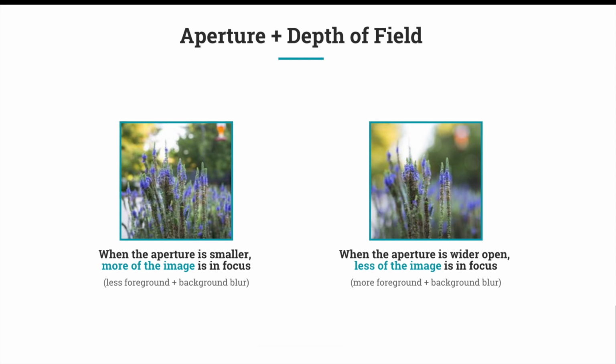We're talking about the smaller size of the opening, which would be a larger number. So the smaller your aperture, or the smaller the opening in your lens, the more of your image is in focus, so you will have less blur in your foreground and in your background. However, if your aperture is wider open, or the opening in your lens is larger, then less of your image is in focus, so you'll have more blur in the foreground and in the background.